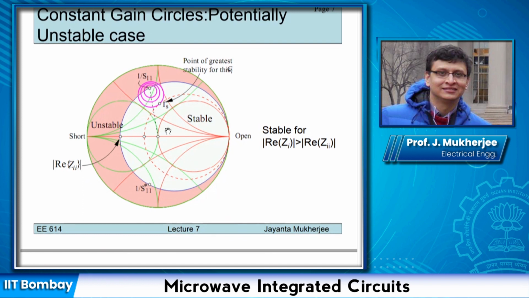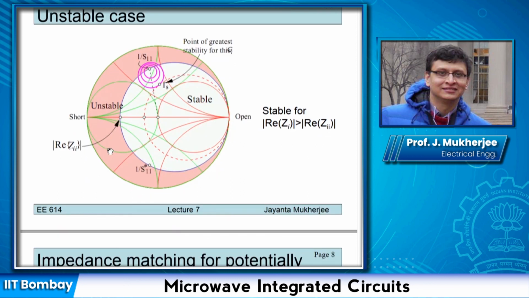So that's how we determine which is the stable region and which is the unstable region. This is a lot different from the stability circles we discussed in the last lecture. Okay, I hope it is clear.